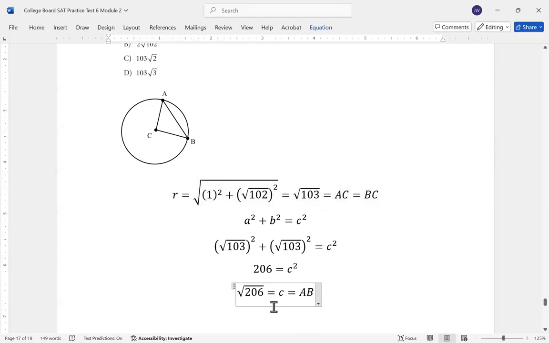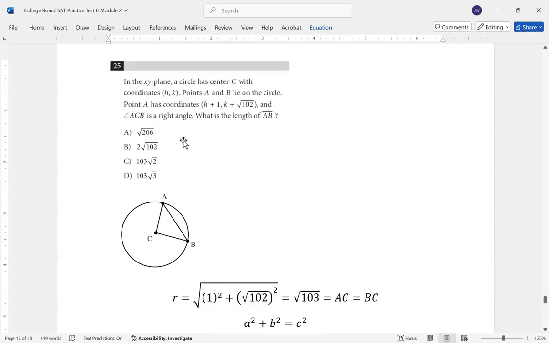And that's our final answer. Square root of 206 is the length of this line segment that I was looking for. So square root of 206 is option A. Question 25, therefore, has answer A, square root of 206.